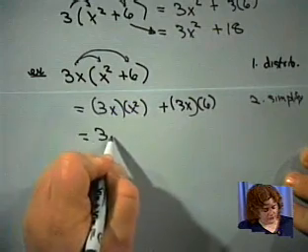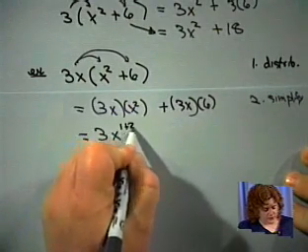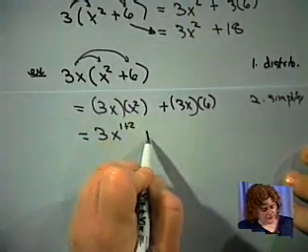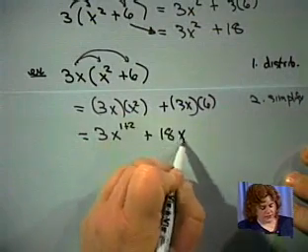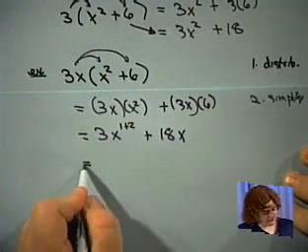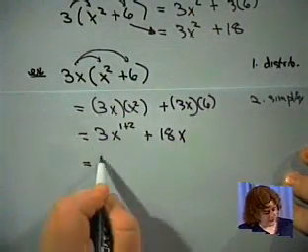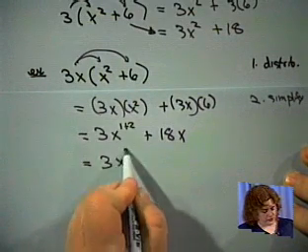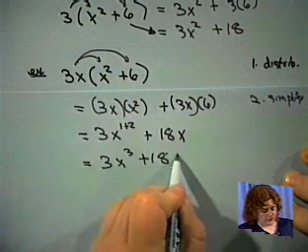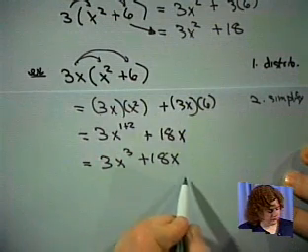So we'll have a 3x to the 1 plus 2 power and 18x, x is all by itself there, no powers to combine. 3x to the third power plus 18x is our final answer.